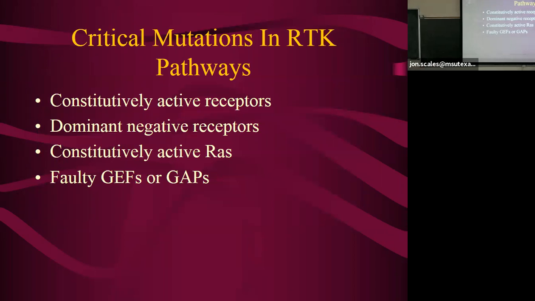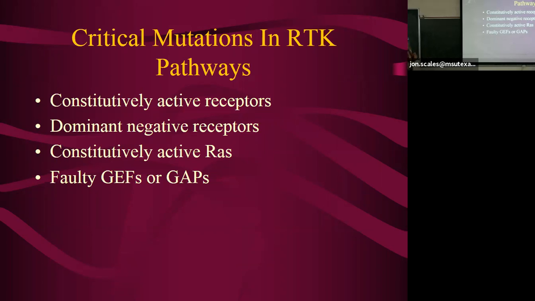All right, so in receptor tyrosine kinase pathways, what are some things that can go on in development that they control? We've looked at a few already. Eye development in fruit flies, self-differentiation in C. elegans. What types of abnormalities or what types of things can go wrong with these pathways? And so you should think about what would happen if the pathway was activated in the absence of its ligand.